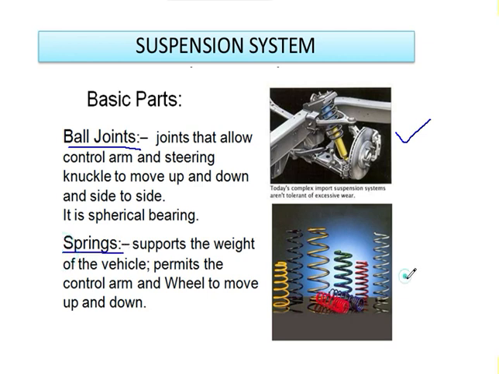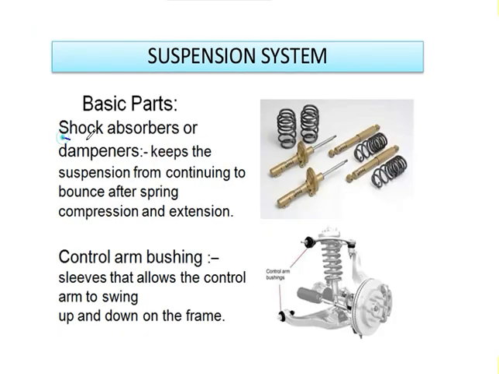Springs support the weight of the vehicle and permit the control arm and wheel to move up and down. Shock absorbers or dampeners keep the suspension from continuing to bounce after spring compression and extension. Control arm bushing, sleeves that allow the control arm to swing up and down on the frame. These are the main basic parts of suspension systems.